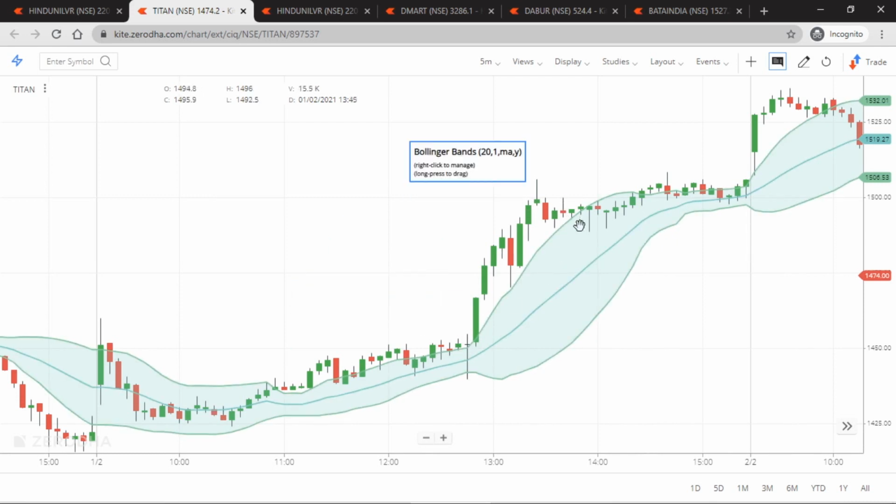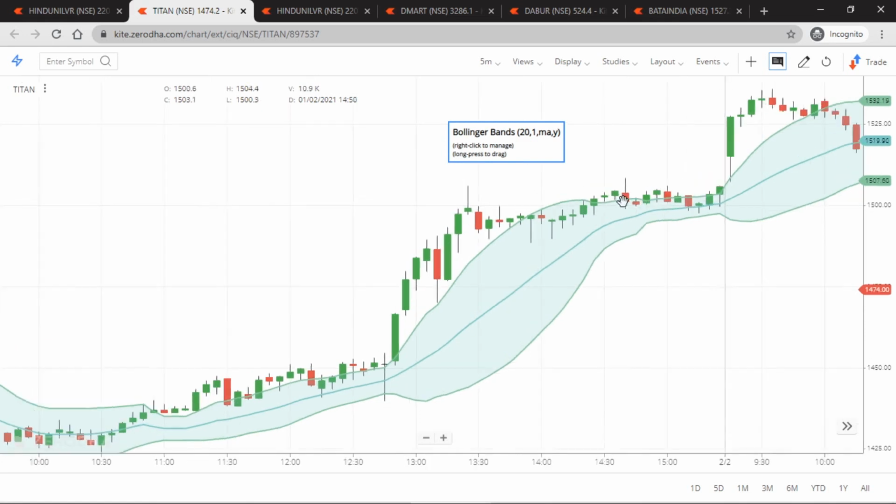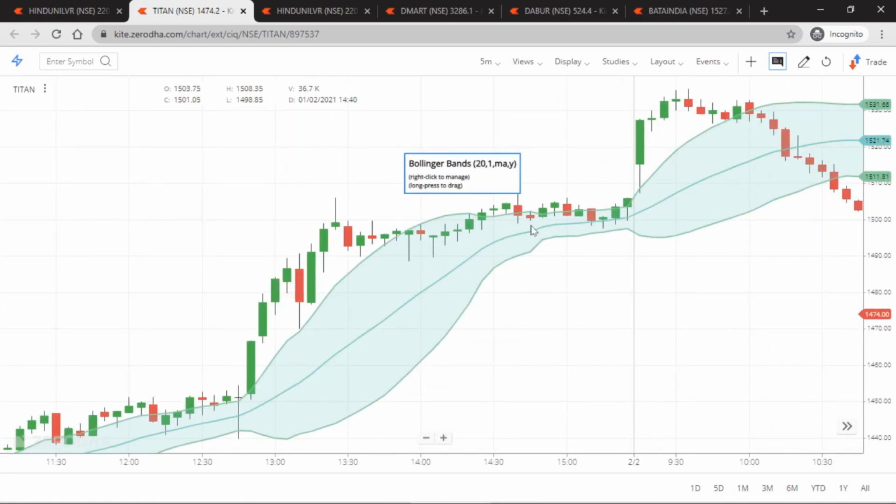Here it again starts closing inside the band and the bands started contracting again. Then at this place it again made a squeeze-like structure. The bands contracted with each other and came closer to the moving average.